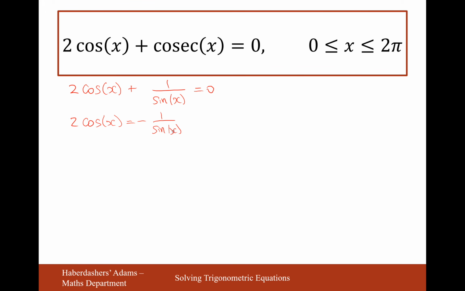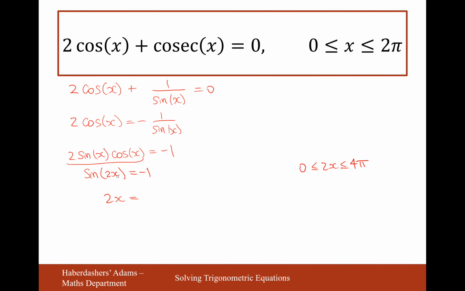And then times everything by sine, and we get 2 sine x cos x equals minus 1. And we identify that the thing on the left hand side will equal sine 2x. I think we've done a similar question to this before. So we will then double everything on the angle, and then we'll start solving it.